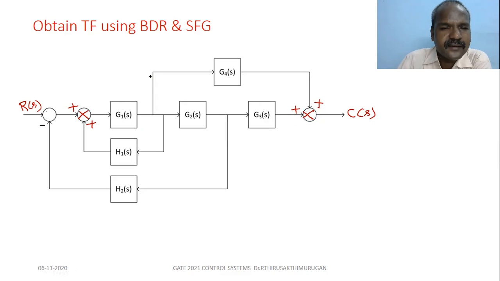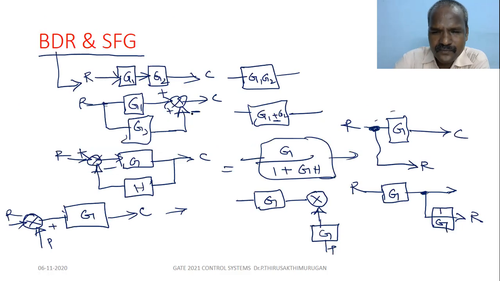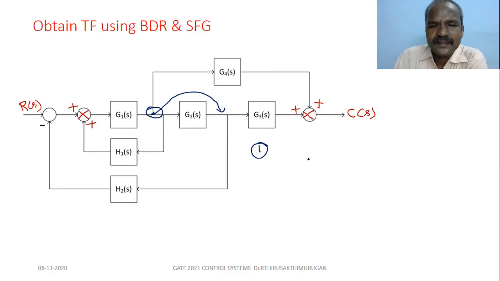If we shift this takeoff point from before the block to after the block, then this will be very simple. Step one, shifting this point from here to here. When you shift before to after, you put 1 by the gain. So this value becomes 1 by G. Very simple.